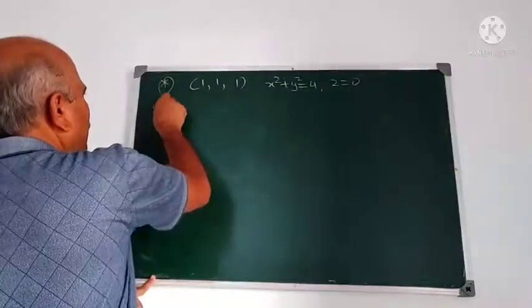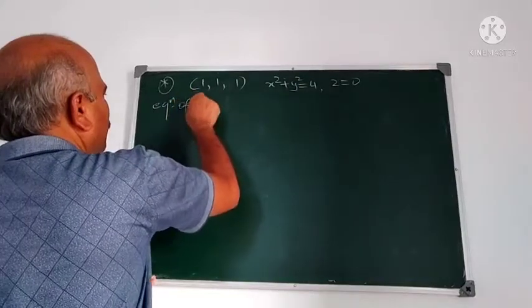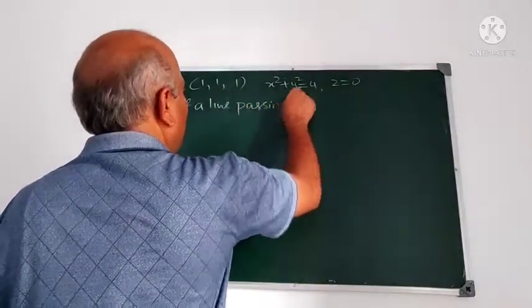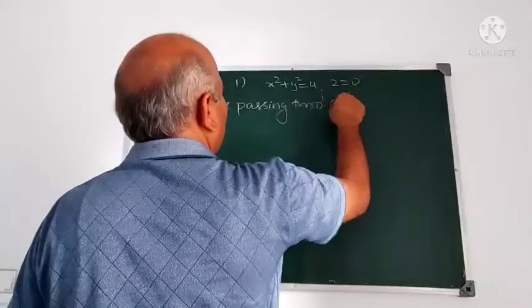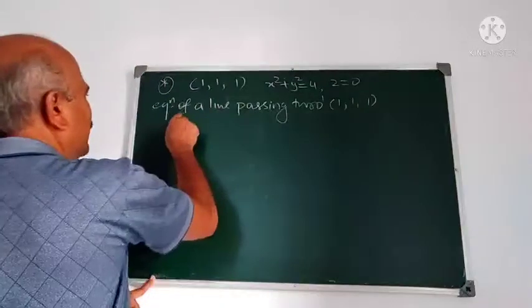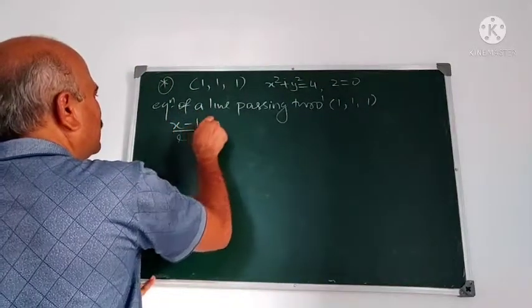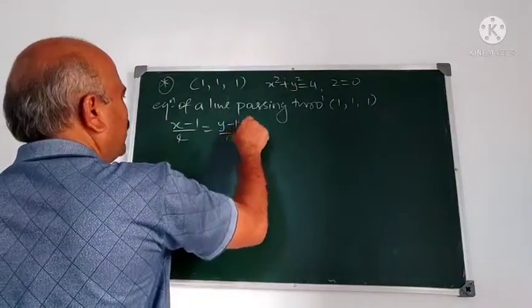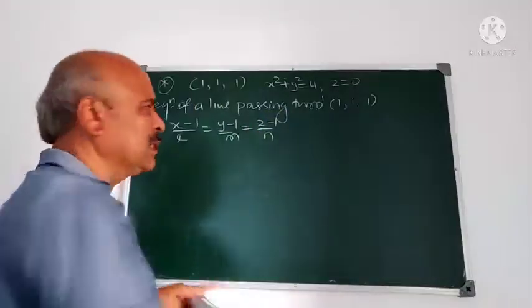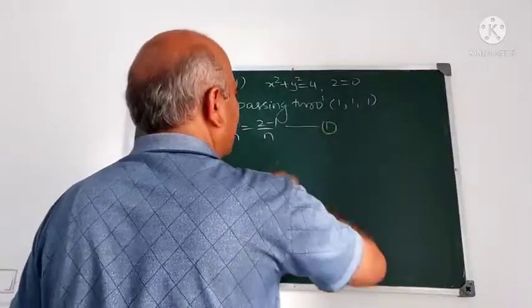First we write the equation of a line passing through (1, 1, 1). It is (x minus 1) by l is (y minus 1) by m is (z minus 1) by n. This is the equation of the line passing through (1, 1, 1). Let us take this as 1.